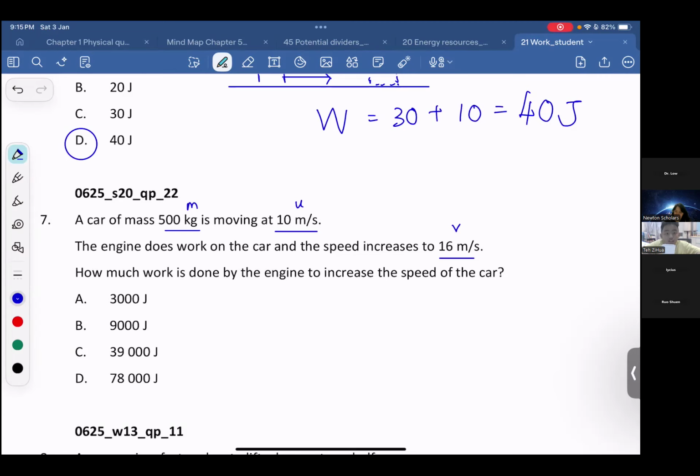I give you guys a hint, energy at here and energy at here. I say this is final, this is initial, okay? This one of course needs a higher kinetic energy, this one lower kinetic energy. So how much extra work do you need to do to increase the speed? So you should calculate the energy separately, then only minus them.